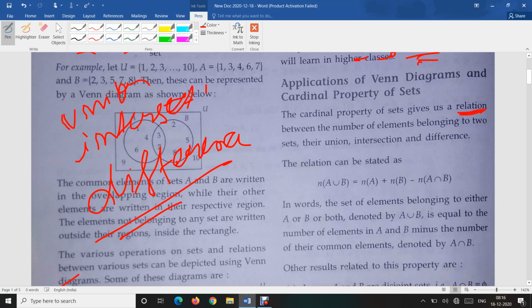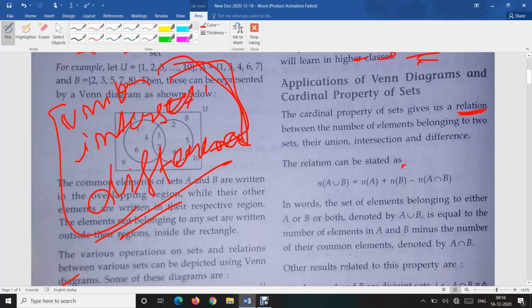We have these operations: union of two sets, intersection of two sets, and difference of two sets. And we have to set a relationship between these three operations. How can we set it?